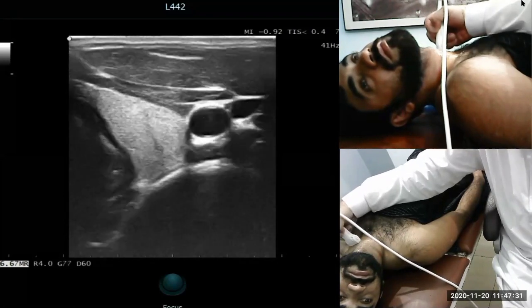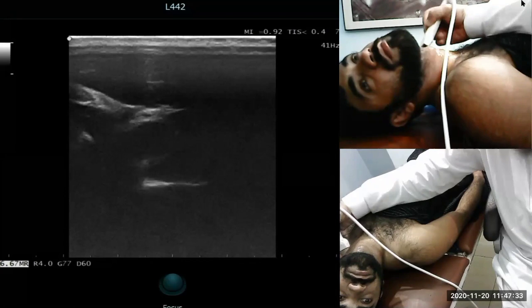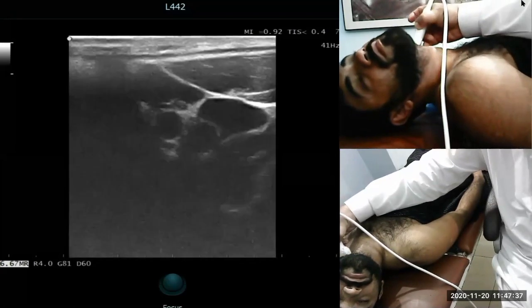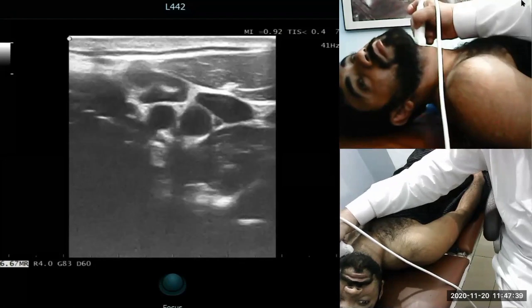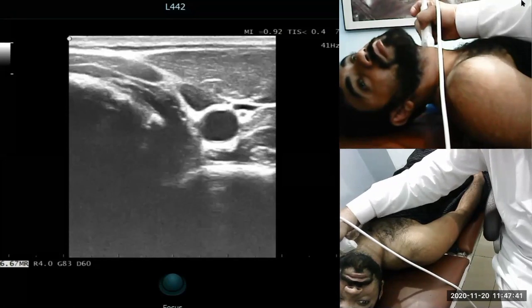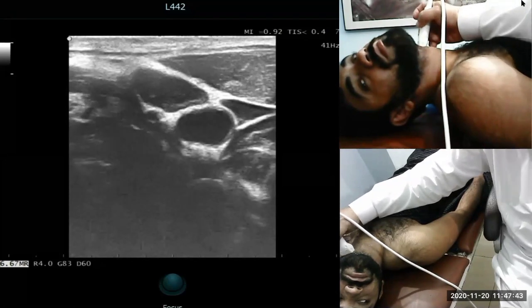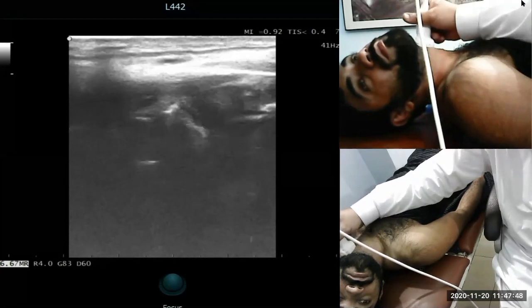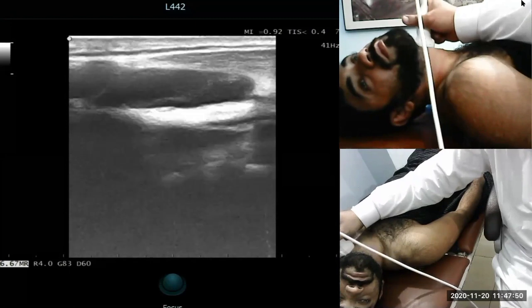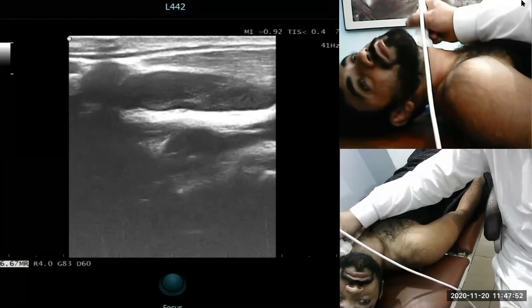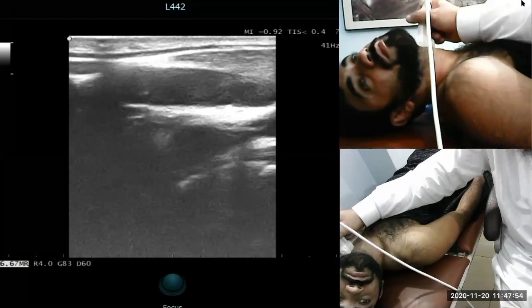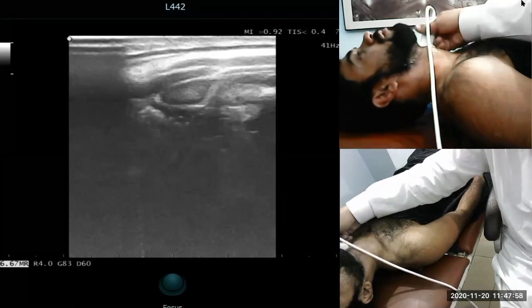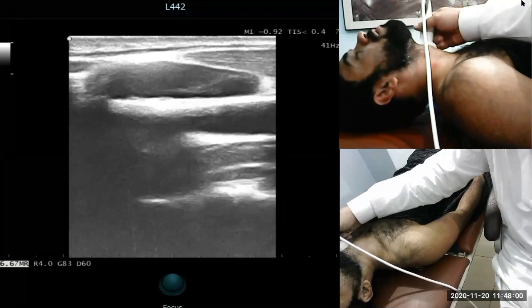So we have seen the left-sided vessels, and definitely there are bigger lymph nodes here.